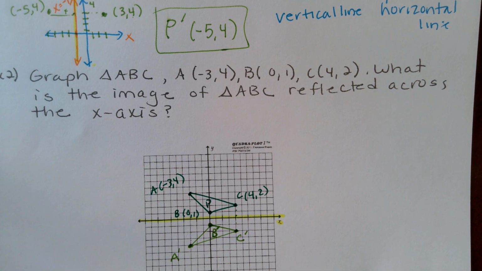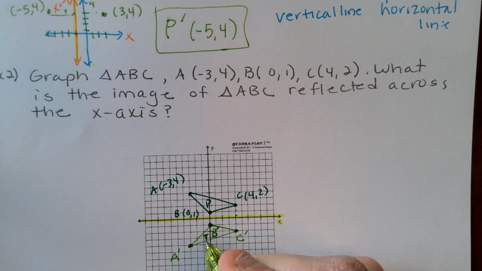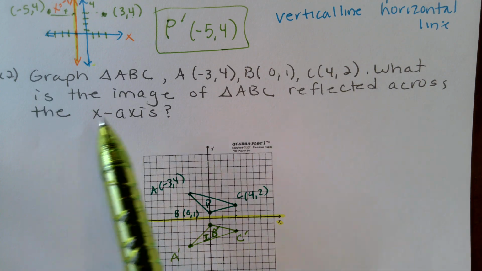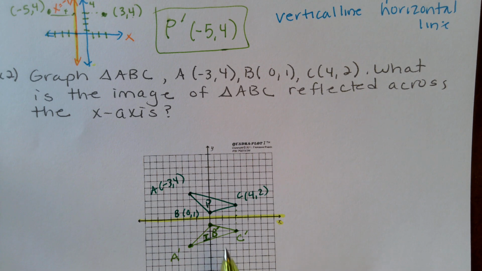Don't be sloppy. And that, of course, is your image. There's my little I for image. Do we need to label those coordinates? Let's see. Graph. What is the image of ABC? Reflect across. Okay, so no, we could just reflect it there and we're all done.